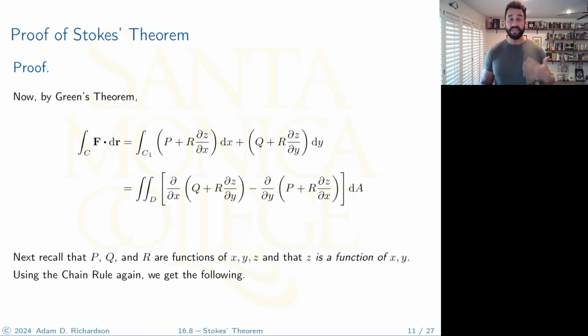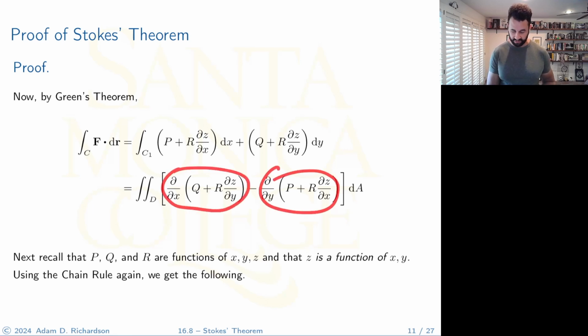Okay, now this is where things are gonna get a little bit messy, so you may have to pause and look at it and go through the details on your own. But remember that all of P, Q, and R are functions of X, Y, and Z, and Z is a function of X and Y. So we have to use the chain rule if we want to compute all of these partial derivatives right here.